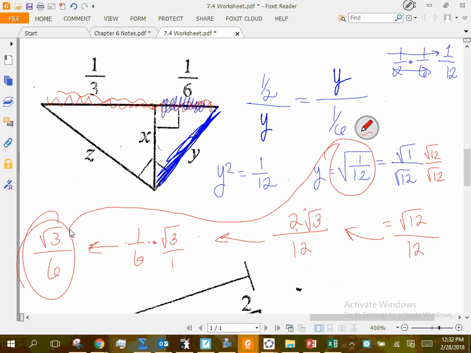Cross multiply, you get y squared is equal to 3 over 36, isn't it? Does that make sense, everybody? Square root both sides now. And I'll get radical 3 over radical 36. What's radical 36? 6. Is that a much quicker way of getting to the answer?